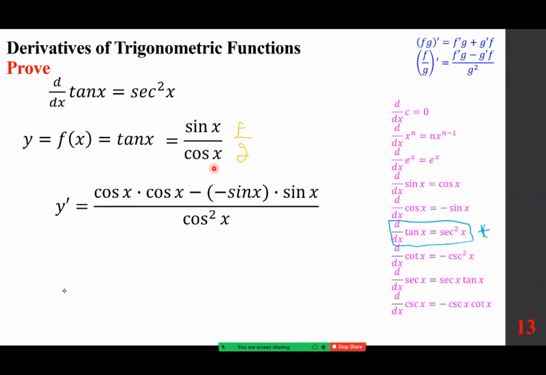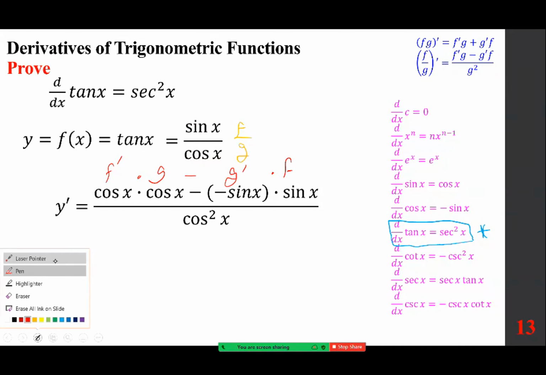So let me write right at top of this is f prime g minus g prime f. So this becomes positive.